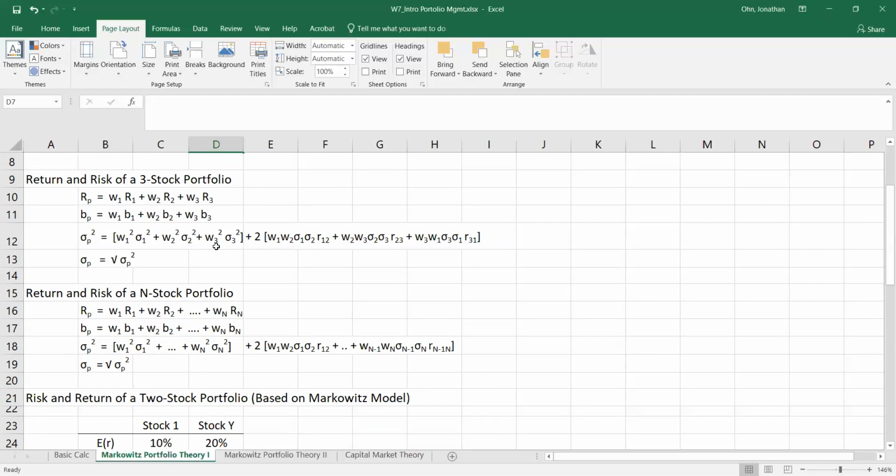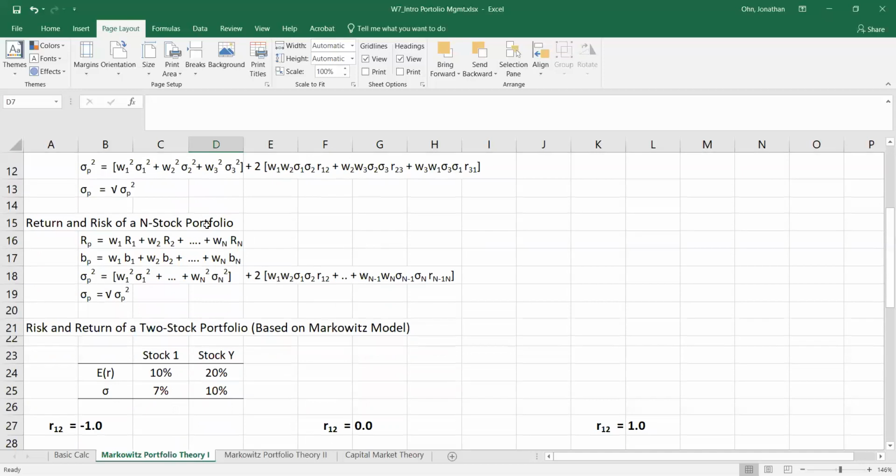The standard deviation is the square root of this variance. Now, if you generalize to an n-stock portfolio, it is the same thing, only more complicated. That is the first part of the Harry Markowitz portfolio theory, and his groundbreaking contribution to modern investment theory.